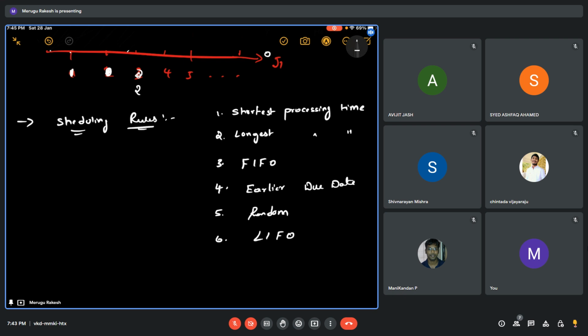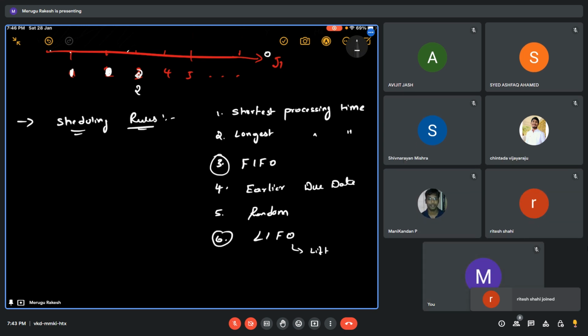I think you might be familiar with first in first out and last in first out. If we take the example of a lift, the last one in will be the first out, ideally, if they are going to the same destination. In first in first out, whoever comes first will be served in most scenarios. In daily life, we mostly see first come first serve like that.